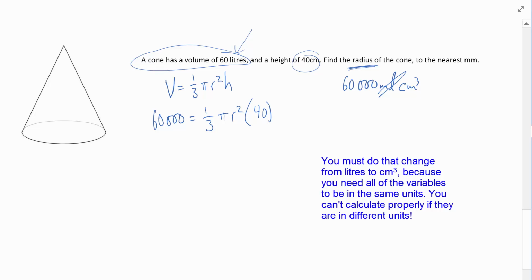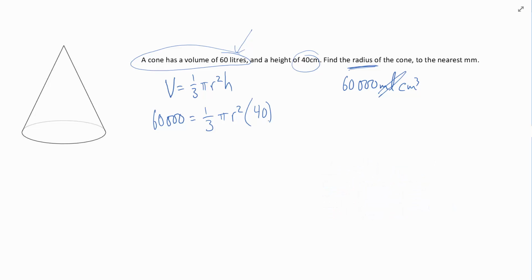Now we can just do some basic algebra and manipulate back to isolating what r is equal to. I'll multiply both sides by 3, giving me 180,000. I'm going to divide both sides by 40, giving me 180,000 over 40, and that leaves me with pi r squared.